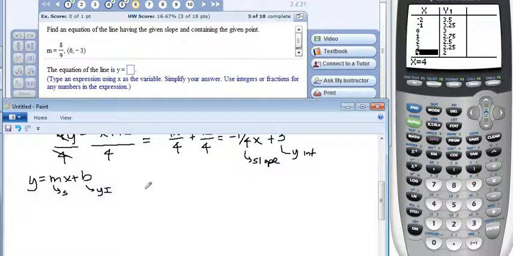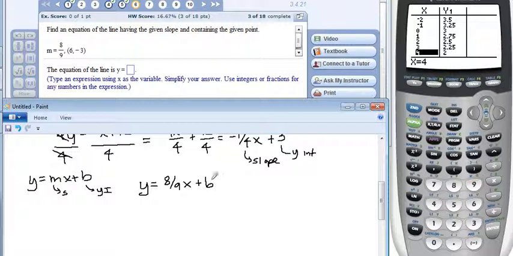Slope is 8/9, piece of cake. 8/9 x plus b. I have not been given b. b has to be where x is 0. It's the y-intercept. I have some random point, 6, negative 3. This is not the y-intercept. I cannot put in b because I have no idea what it is.